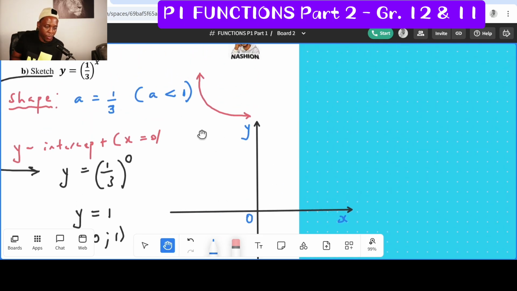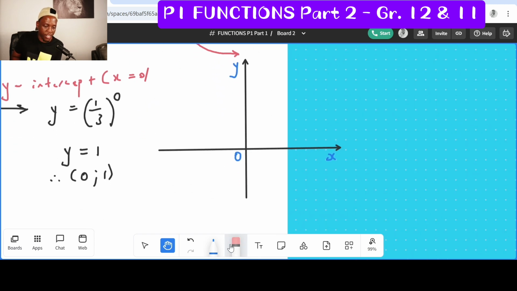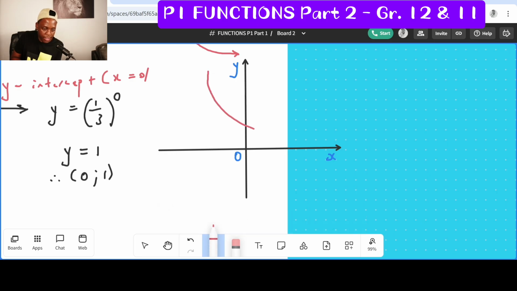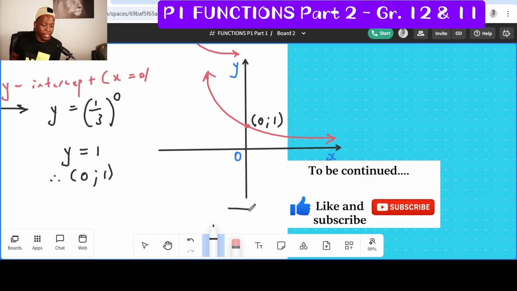And the shape, we predicted it already, here it is. It's going to be curving downwards, like this. And it's touching the y-axis at 0, 1. And checkmate.